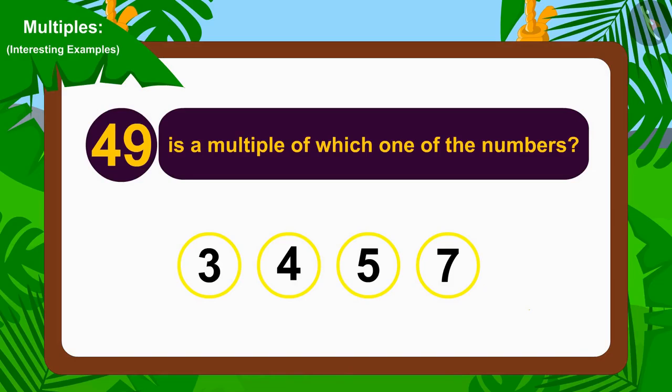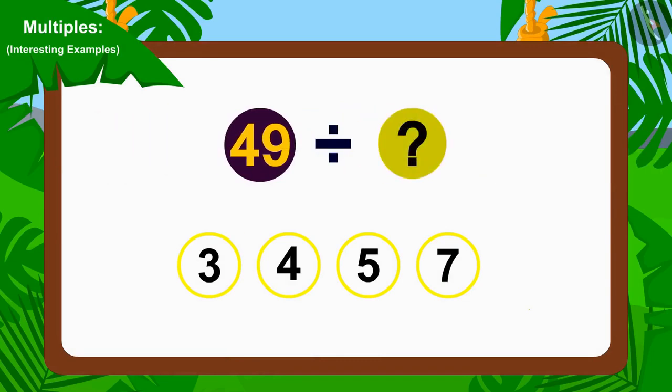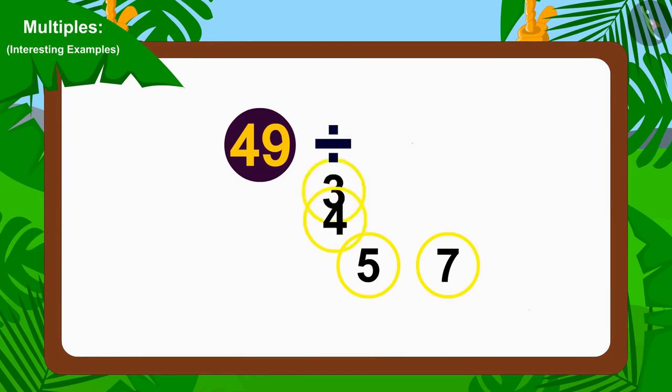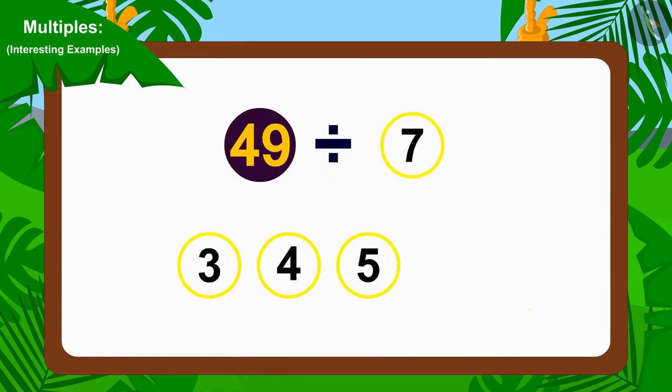Now can you tell? 49 is a multiple of which of these numbers? If you want, you can stop the video and find the answer. Well done, children. Your answer is absolutely correct. To find 49 is a multiple of which of these numbers, we only have to see which number it can be divided by.